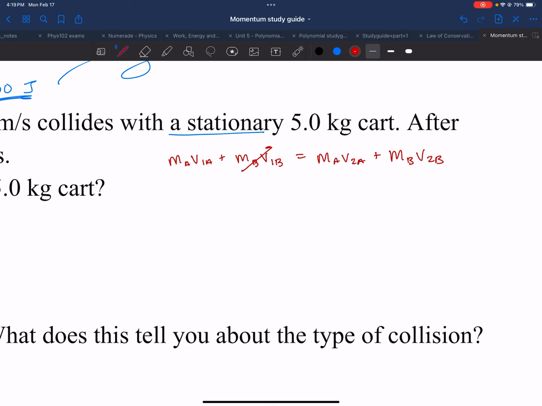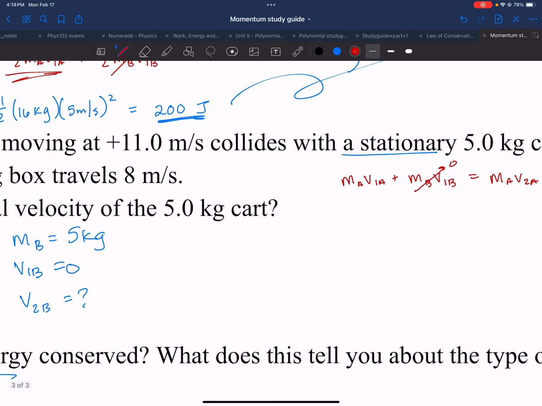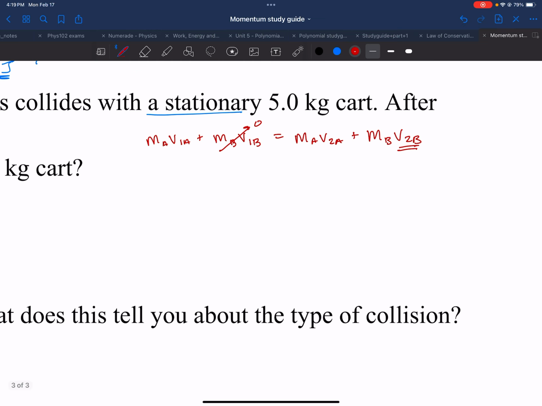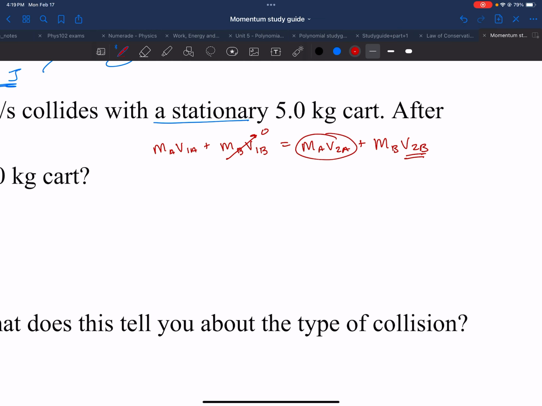It does say that this is at rest, so I can get rid of that. I want to find V2B. So I'm going to take this value and subtract it from here, and then I'm going to divide both sides by that mass. So it looks like this: mass A V1A minus mass A V2A, all over mass B, is going to equal V2B.